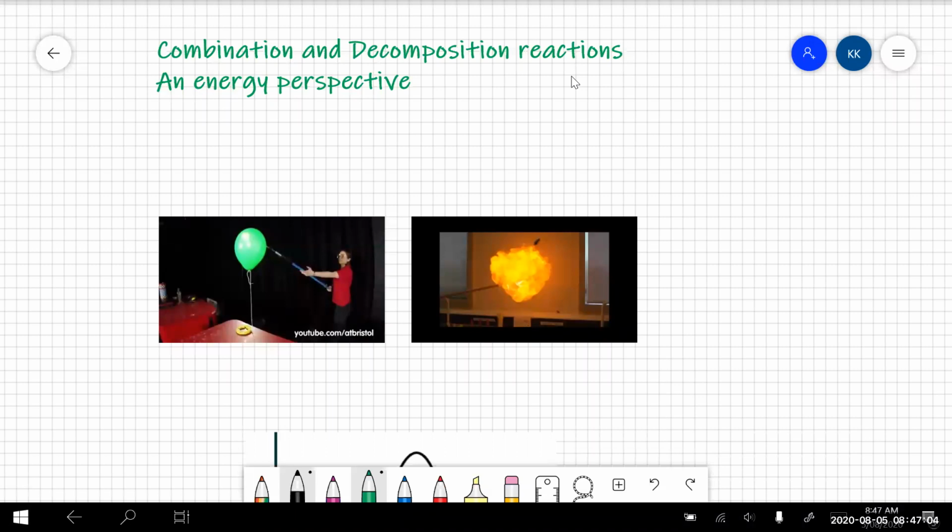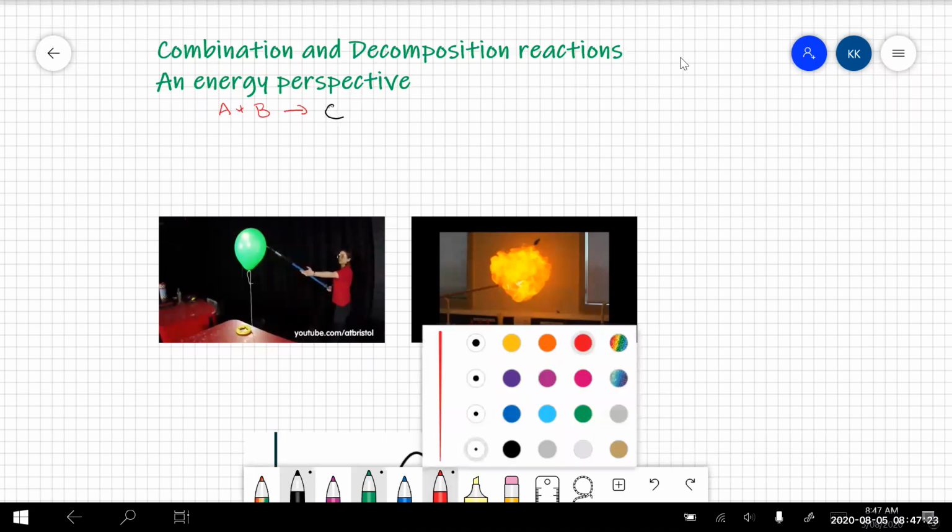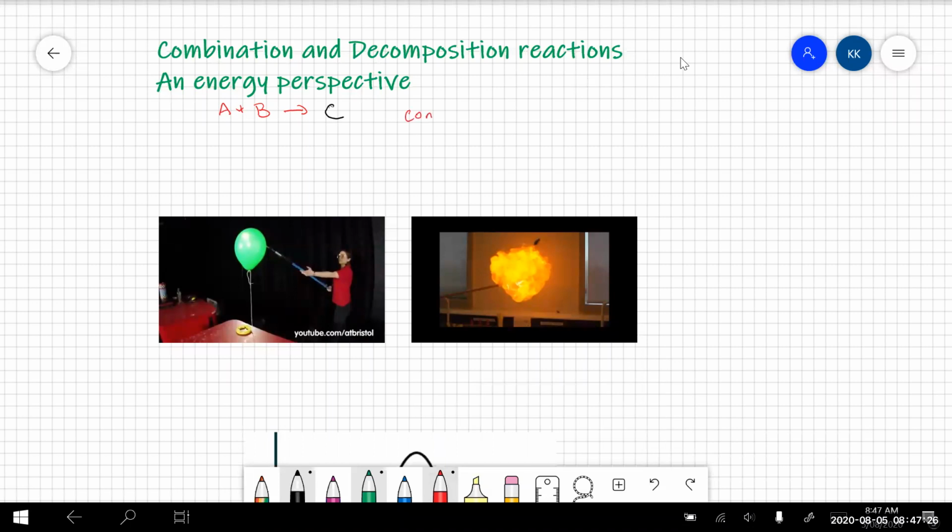So you'll remember combination and decomposition reactions. Combination reactions are where you have two reactants and one product. So you have something like A plus B gives C. Okay, and that's combination because the two things have combined.